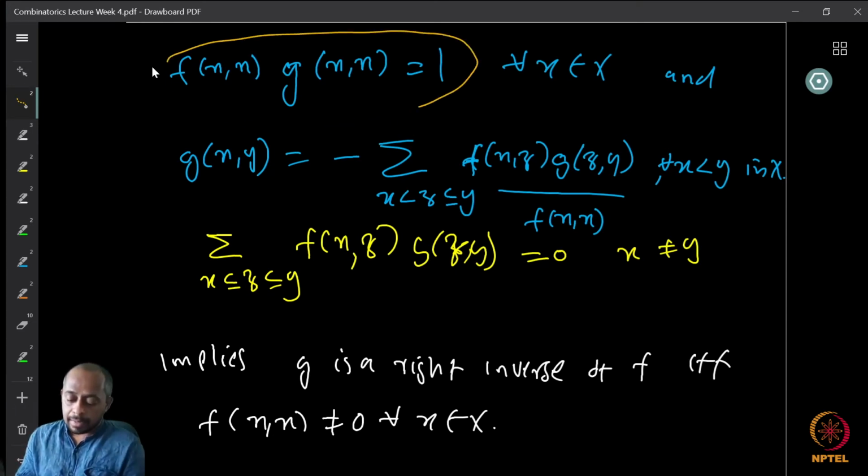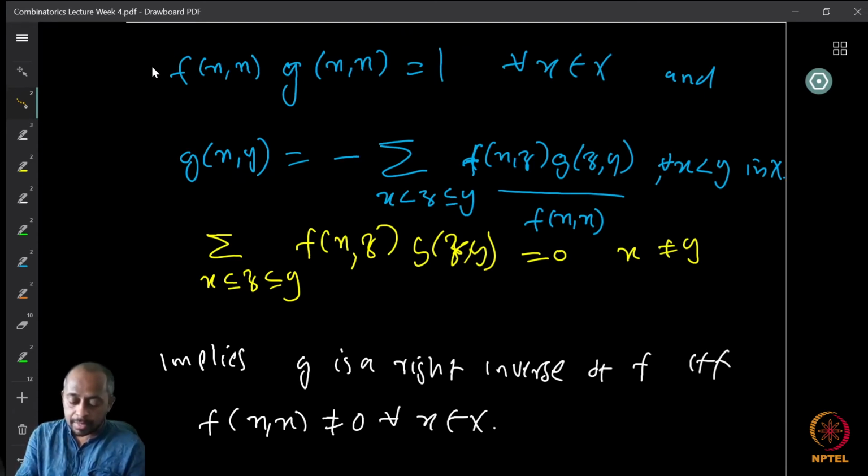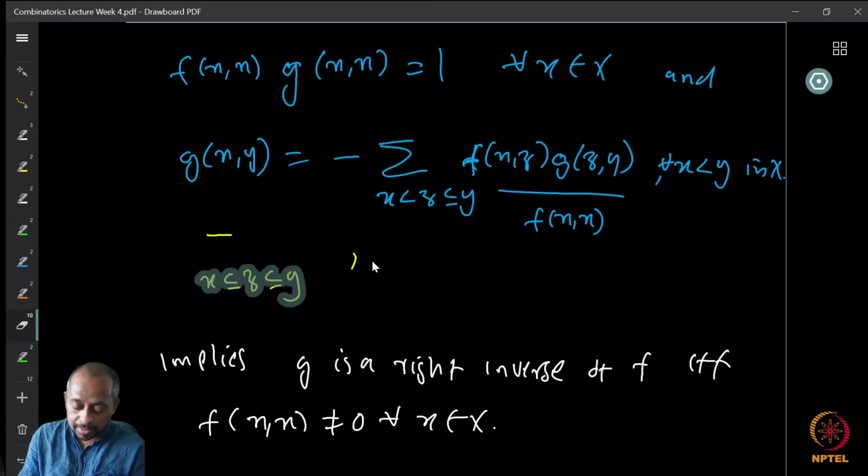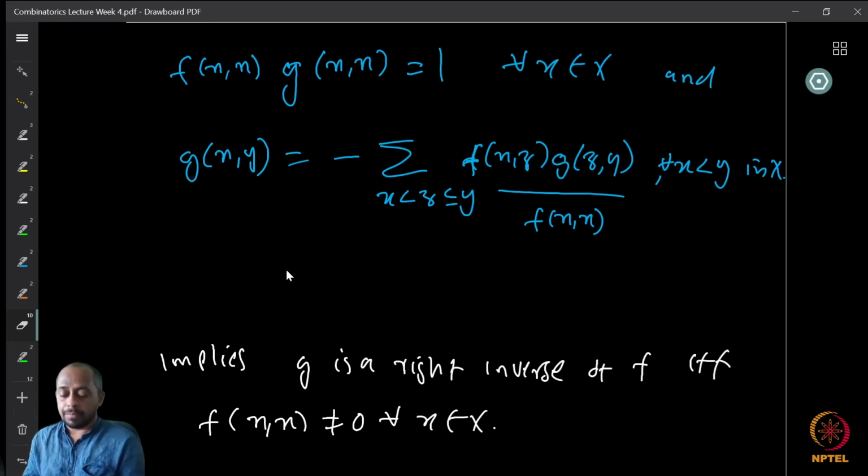And therefore we can do this division, and we get g of xy this way. So if there is a right inverse, then we already know that f of xx is different from 0, and g of xy is in this form.